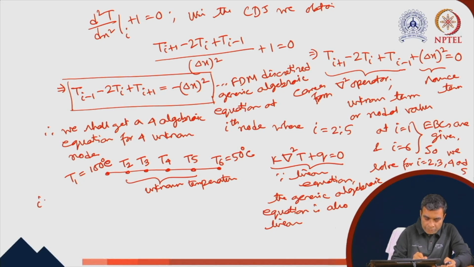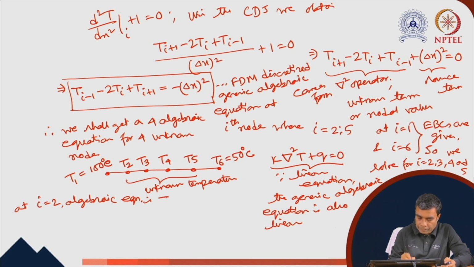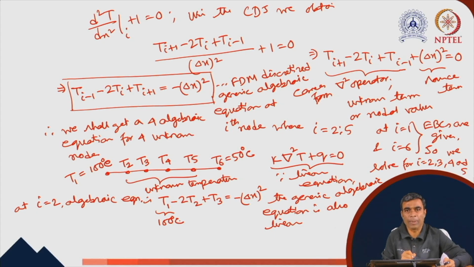So at i equals 2, our algebraic equation is Ti minus 1, so T2 minus 1, so it will be T1 minus 2T2 plus T3 equals minus delta x whole square. But T1 is a known quantity, it is given as 100 degrees centigrade. Known terms are shifted to the right side, and this is the boundary condition which contributes to the right side.